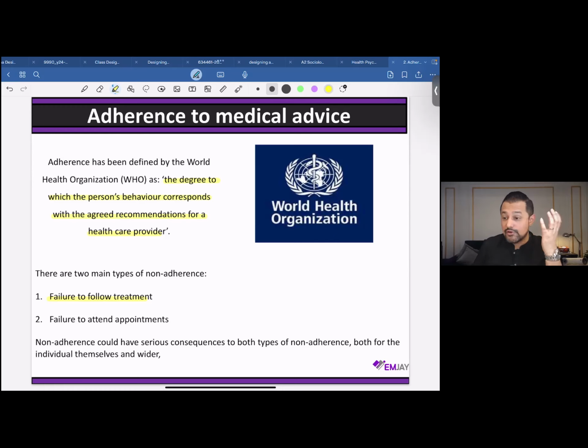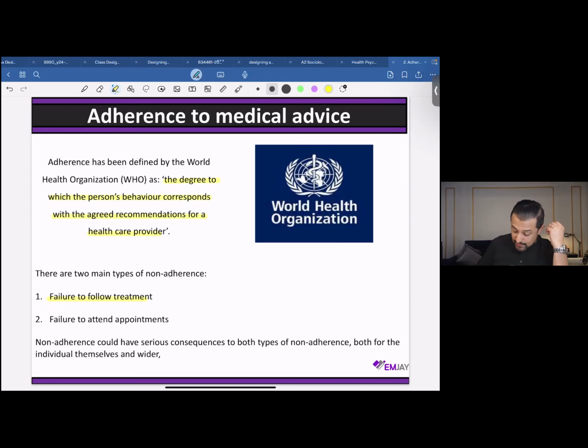Could be because of any reason, could be rational or could be without rationality. This has a lot to do with the perception that that particular patient holds about the health services, about the symptoms, about the illness, about the severity of the symptoms, and so on and so forth.